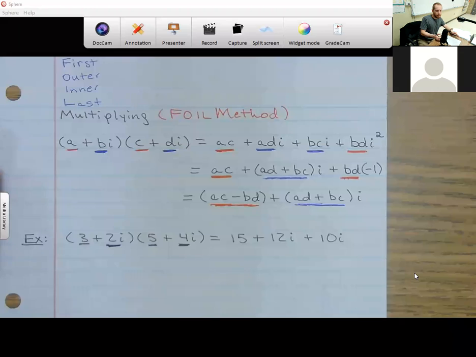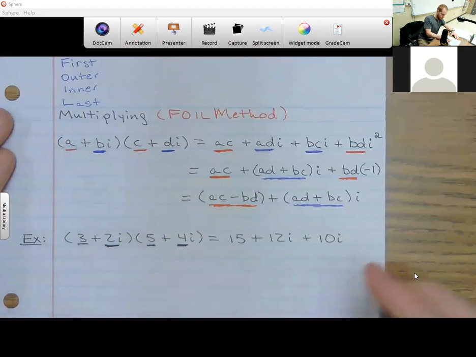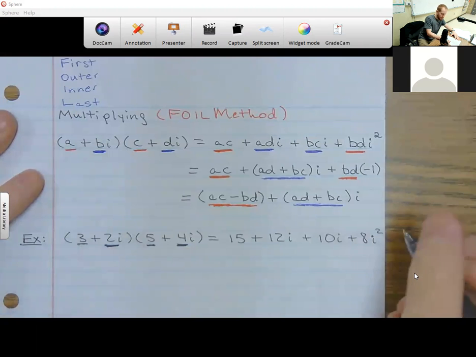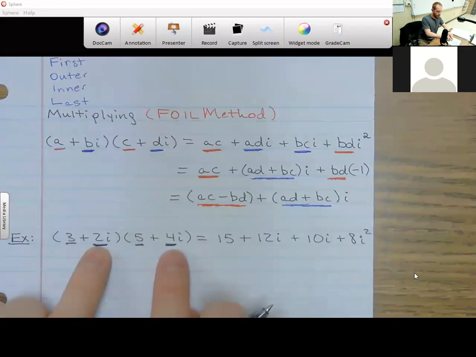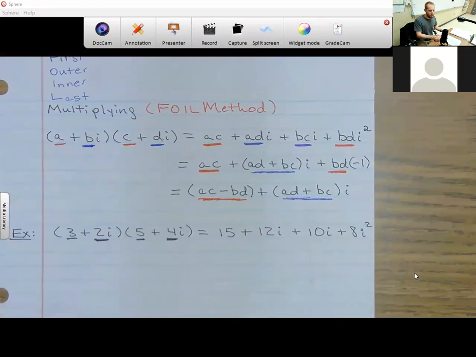And then we do the last two terms, right? The 2i and the 4i. So I get plus, what's 4 times 2? 8. 8i squared, right? Because I have two i's going at this point. A 2i and a 4i, right? Okay, so now what we can do is we can put the middle two parts together.